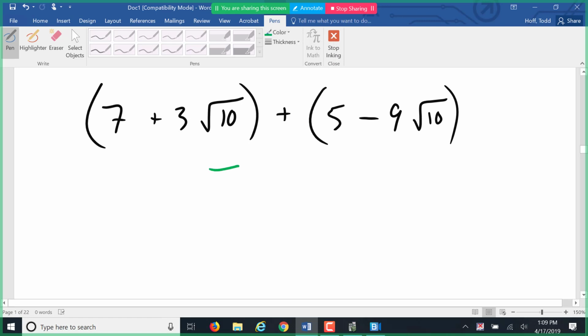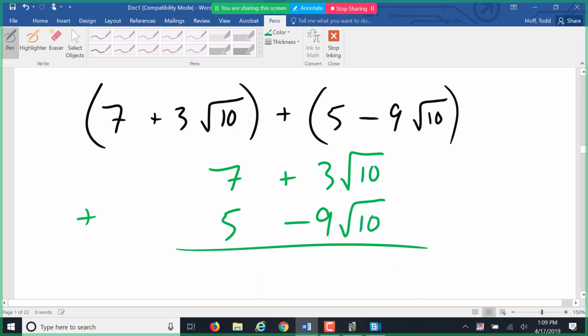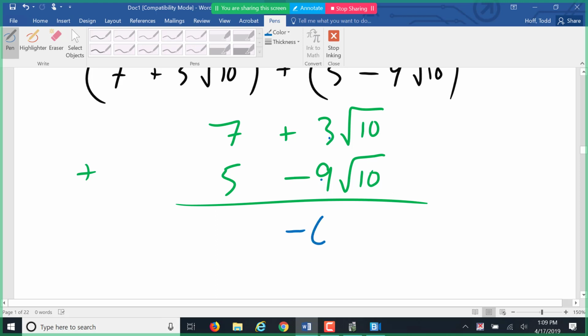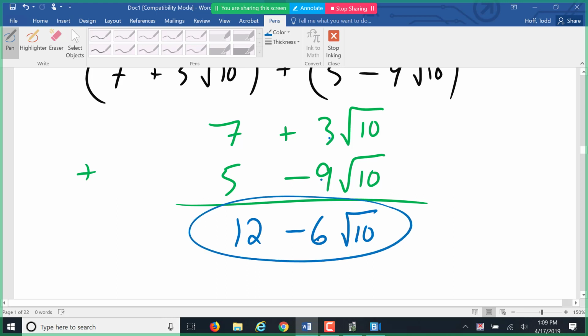We line up the things that have the same name. We're adding here. So this is 3 plus a negative 9 makes negative 6 square roots of 10. And 7 plus 5 is 12. So that's 12 minus 6 square roots of 10.